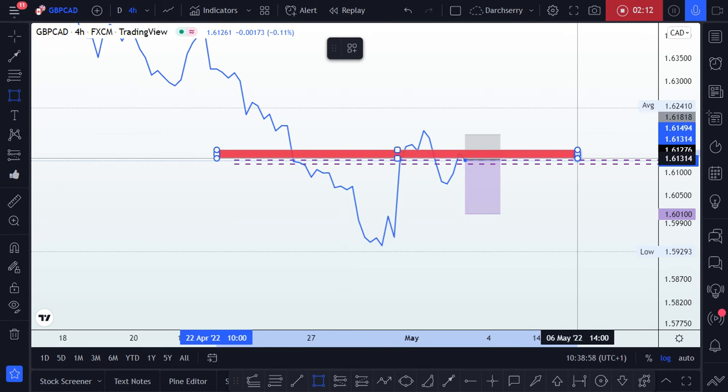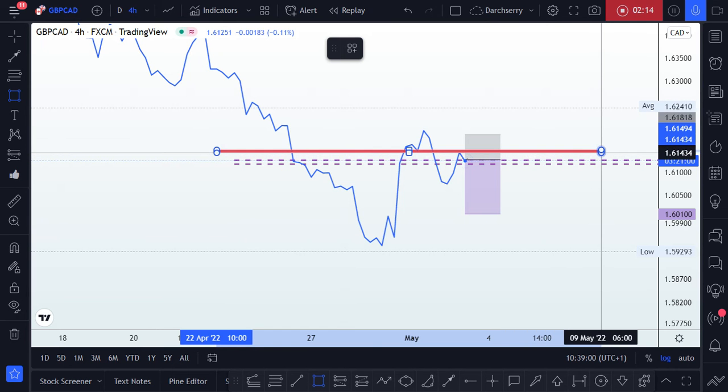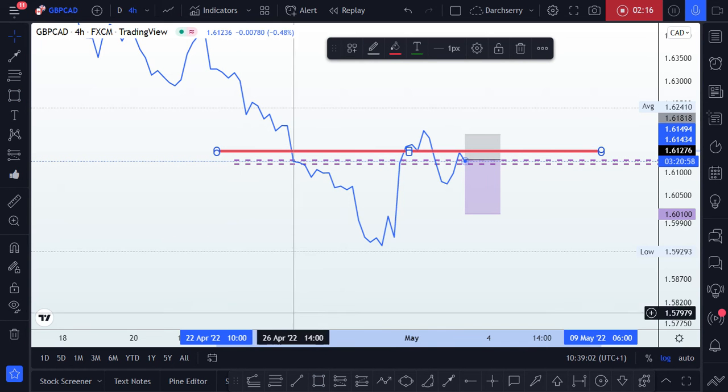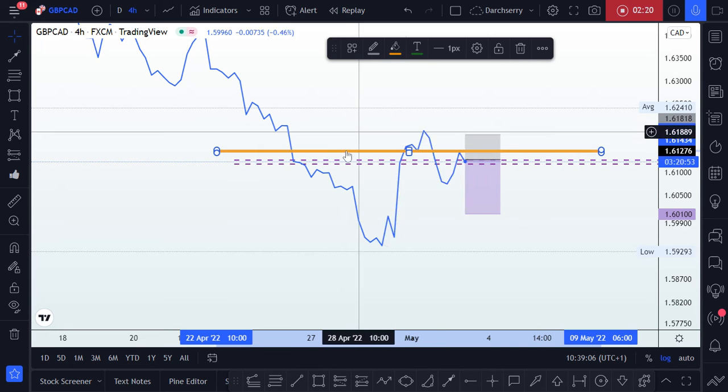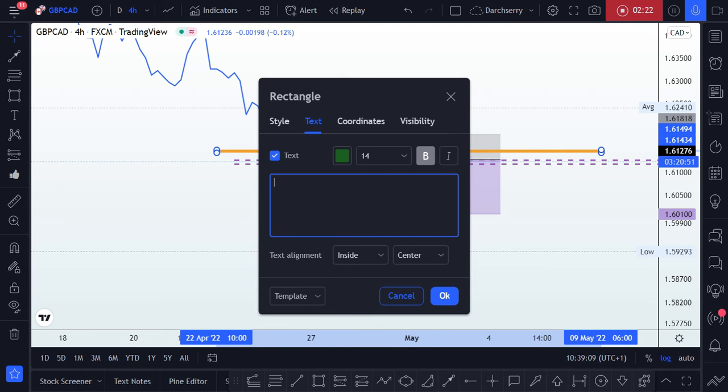Remember our key level is always gold, and then we should label it key level at 1.615.